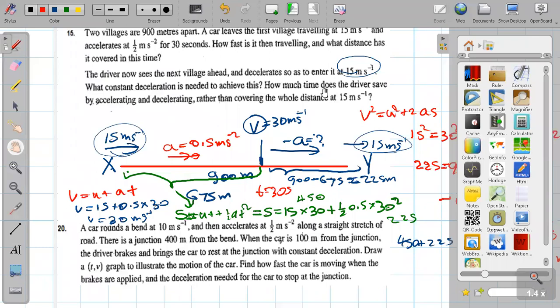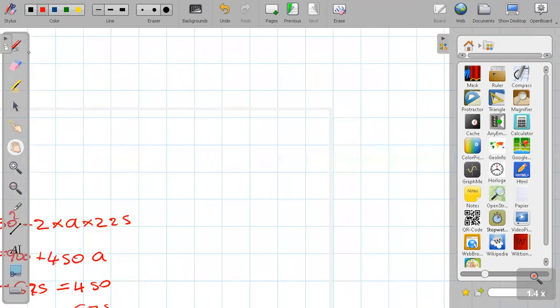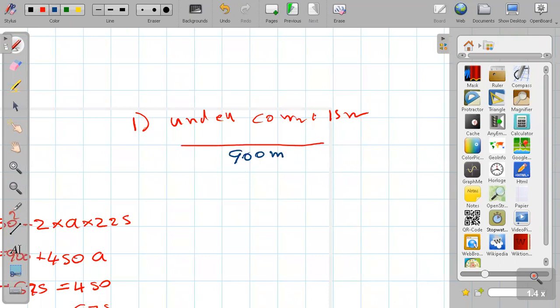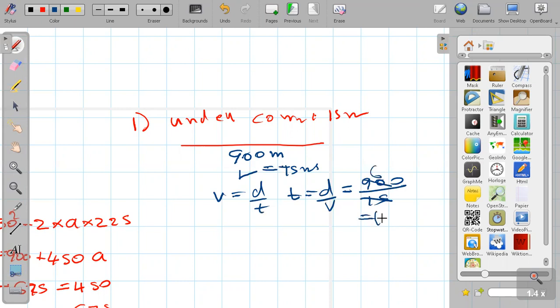How much time does the driver save by accelerating and decelerating rather than covering the whole distance at 15 m/s? Okay, let's find out the first one. For the constant speed of 15 m/s, he has to travel 900 meters at a speed of 15 m/s, which equals 60 seconds.